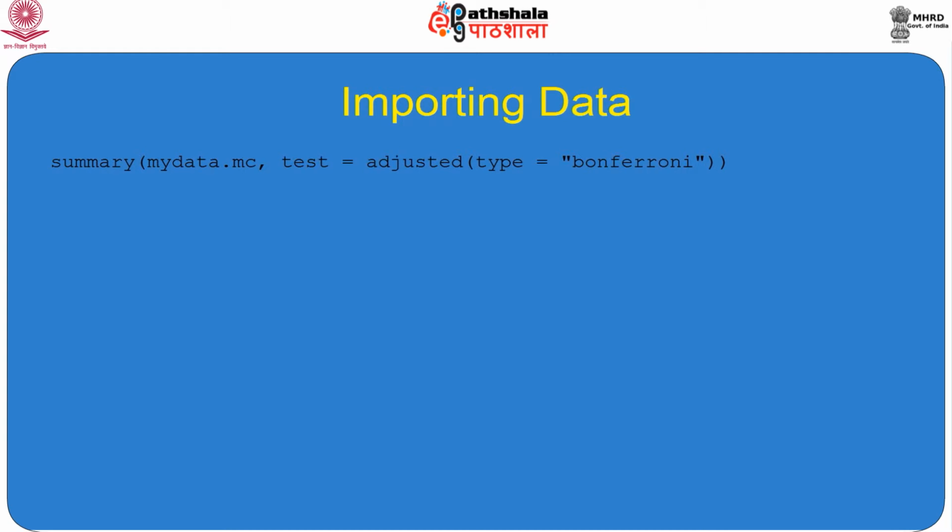Since earlier we gave the summary of my data.nc as the results, now we consider the same data set, my data.nc, with test equals to adjusted and type as Bonferroni.